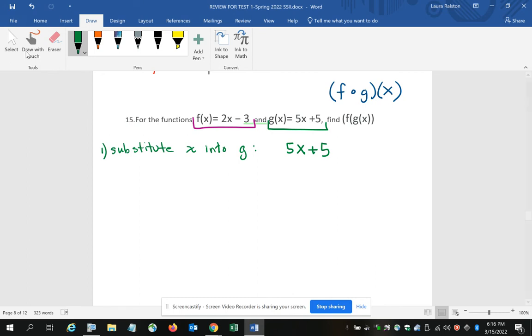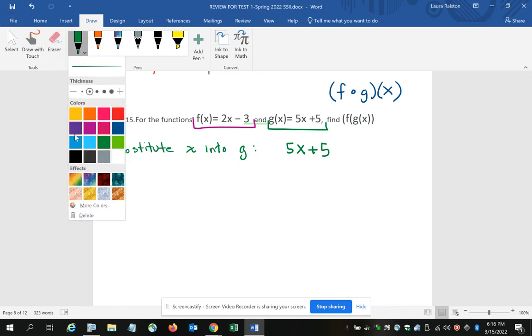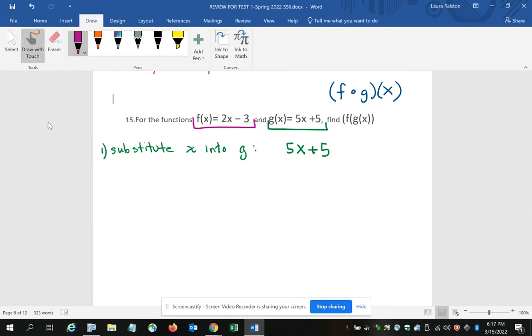Okay, then I'm going to take that answer. So use answer from step 1 and substitute or plug into f.